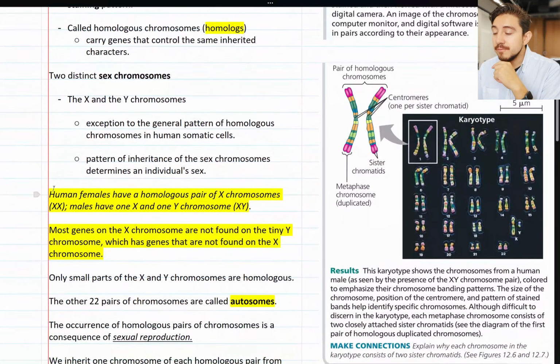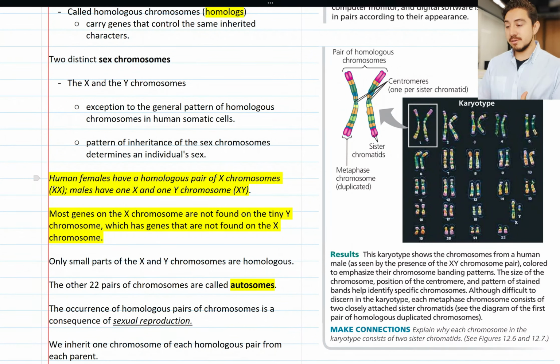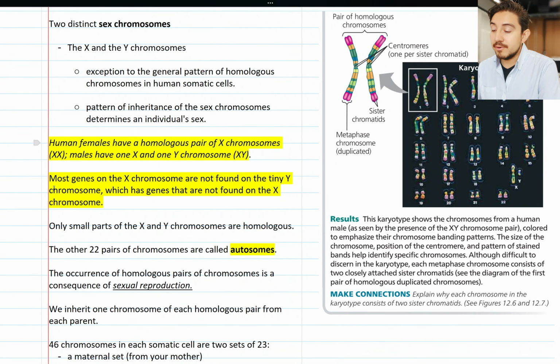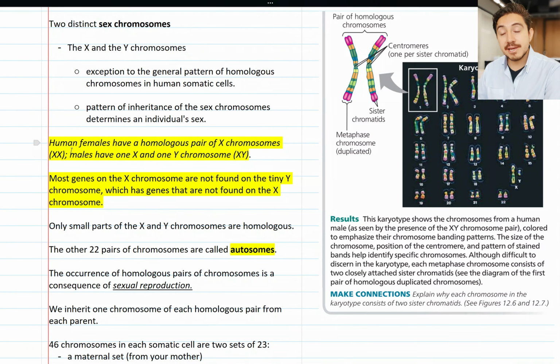So you have these sex chromosomes that are X and Y, and they are, again, like I mentioned before, an exception to the general pattern of homologous chromosomes. They're involved with the sexual characteristics that determine whether we will come out as a female or a male. Human females have a homologous pair of X chromosomes, or XX, and males have a pairing of X and Y chromosomes.